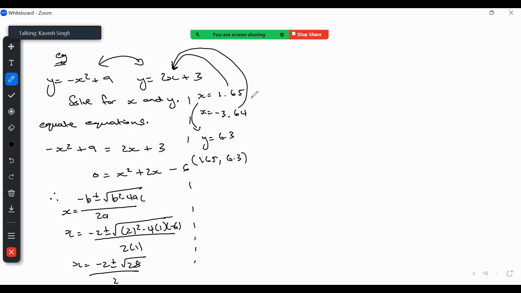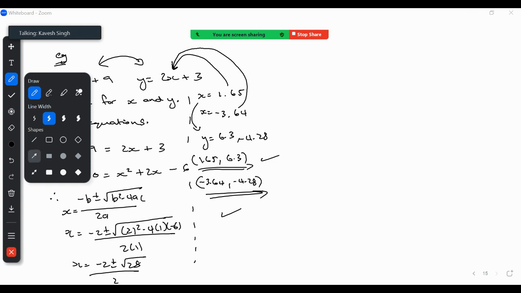And if I substitute minus 3.64, it comes to negative 4.28. And so those 2 points over there would be my points of intersection for this.